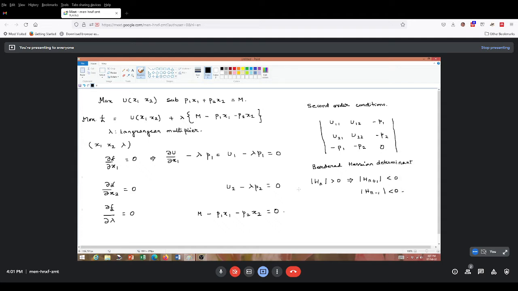Basically if you have a positive matrix, you increase the number of choice variables, it becomes negative. You increase the number of choice variables even further, it becomes positive. Let me state the precise form of this condition.